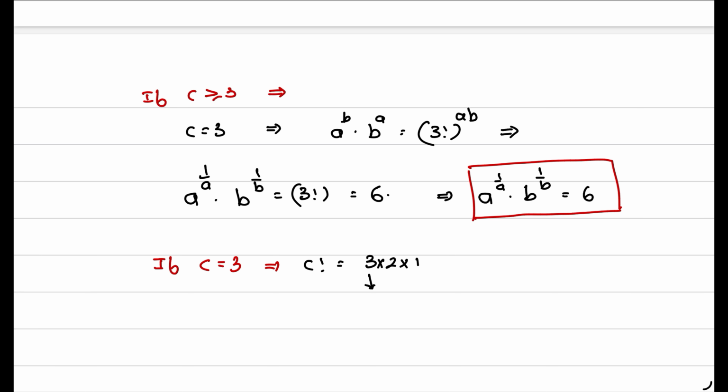Between c by 2 and c, the prime is p. This divides both a and b. 3 divides both a and b as per the above discussion.